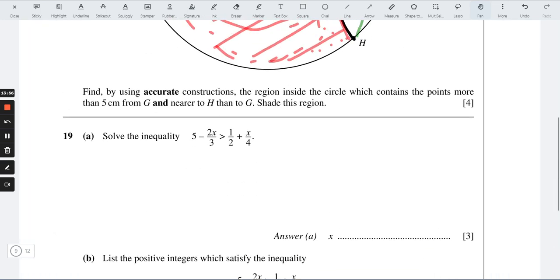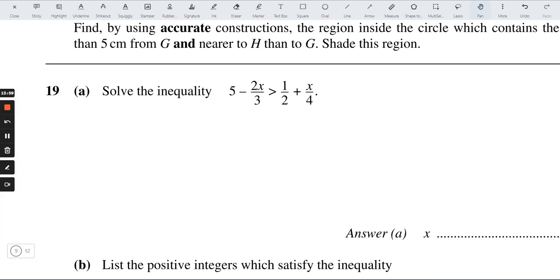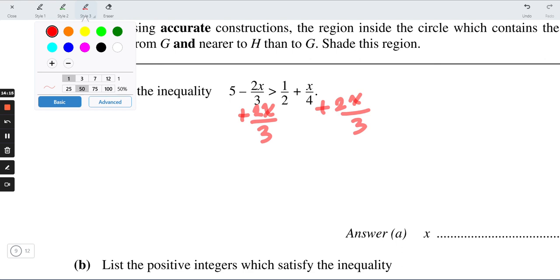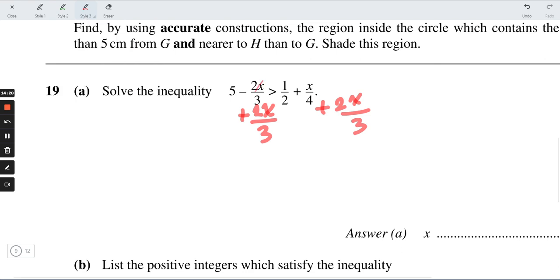Now solve the inequalities here. Solving inequalities is like solving a linear equation. So here we will add 2x over 3 to both sides. This will be cancelled with this, and we get 5, or even you can subtract a half from both sides.